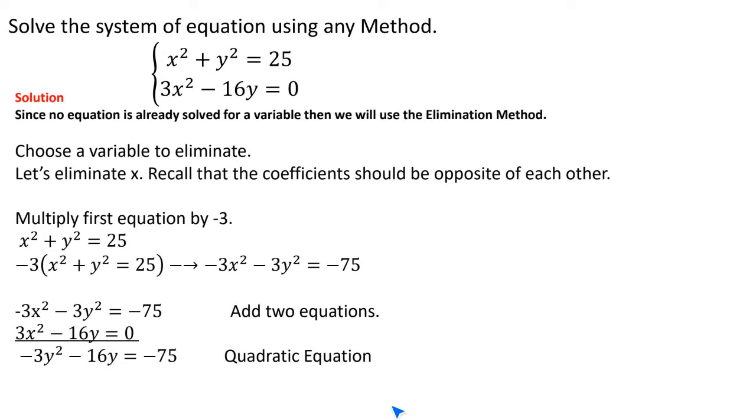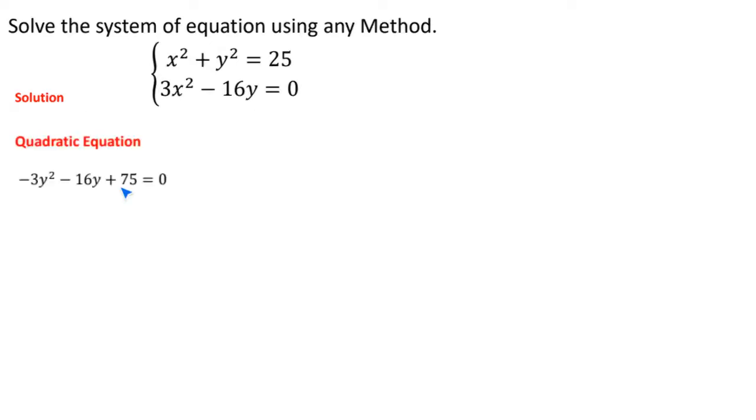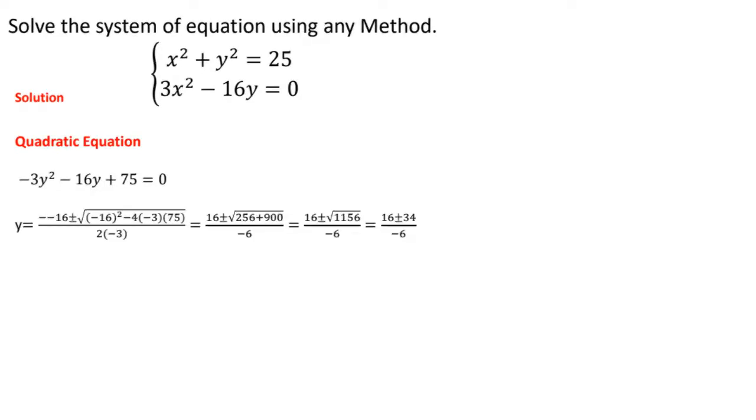This is quadratic, so I need to set everything equal to 0. So I'm going to bring the 75 to the left side. And then at this point, you can either try to factor or you can use the quadratic formula, whichever method is better for you. So I have negative b, so we're going to have a negative, and then b is -16, plus or minus the square root of -16 squared, minus 4 times a is -3, times c, which is 75.